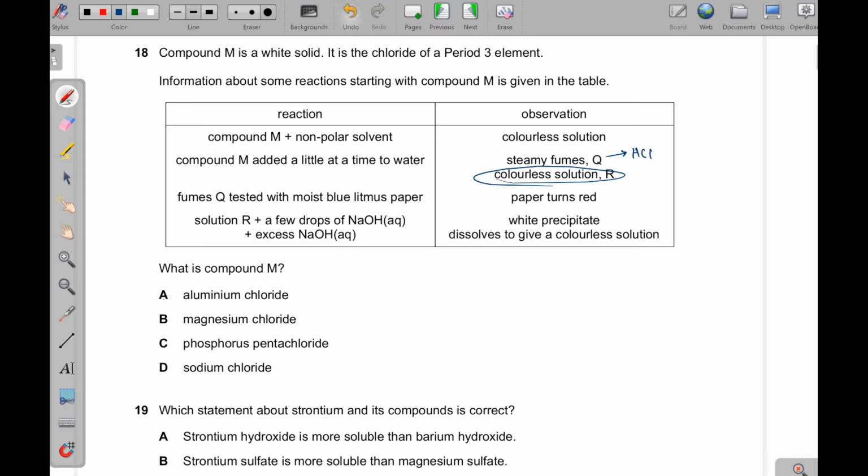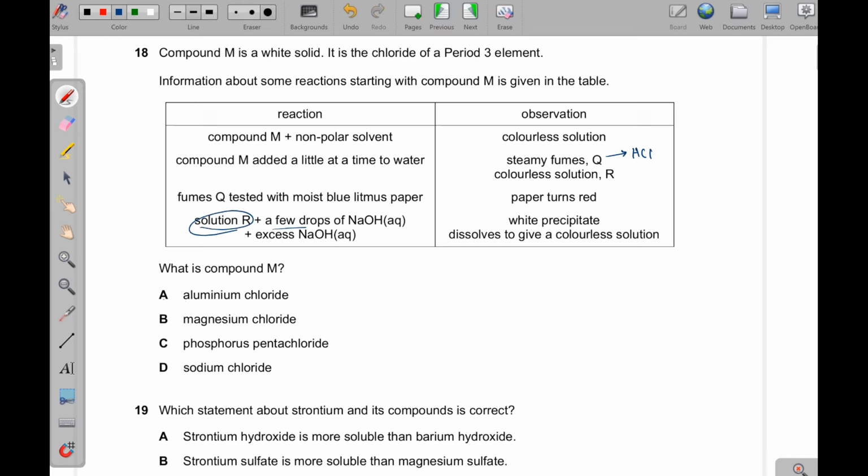Then a colorless solution. Fumes of Q tested with moist blue litmus paper turn it red. Q has to be an acid because it is the one that turns blue litmus to red. You see that?